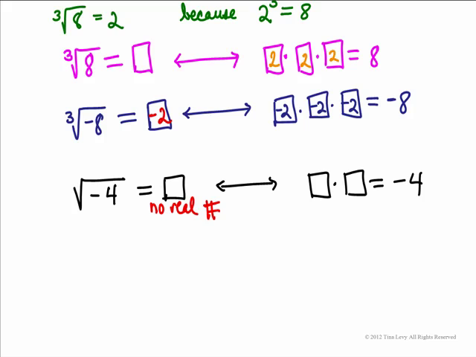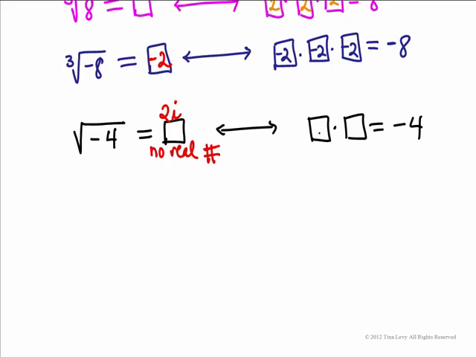And later on, we're going to find out that that number is called an imaginary number, but we won't deal with that right now. What we'll notice is with the square root, you had to multiply two of the same number, a box times a box, to get a negative. So similarly, if I say the 4th root of negative 16, it's a similar situation as the square root.